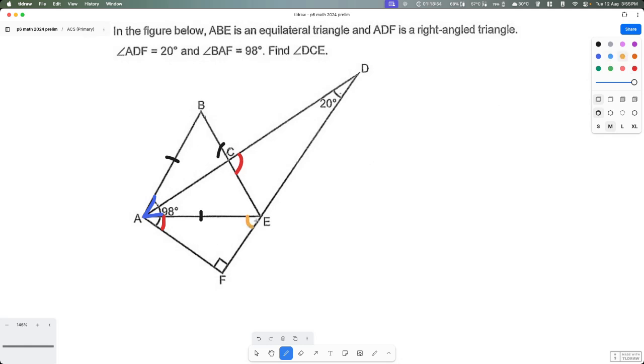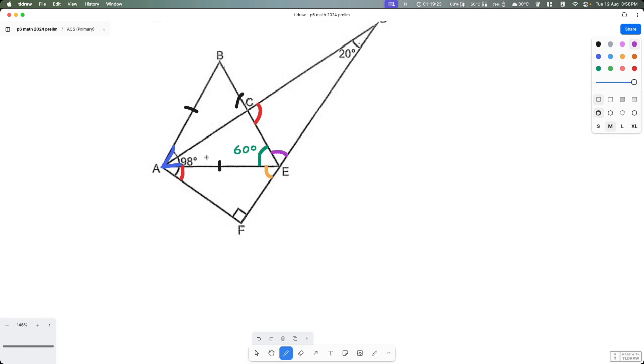Why we get this angle is because from here, we can get ABE, which is also this one. This is 60 degrees, as what you see over here. And then since we can get this 60 degrees, then we can get this angle. I'm gonna put this purple. So once we get this purple angle, then we can have 180 minus this purple minus 20, and we get DCE. Okay, so let's get started.